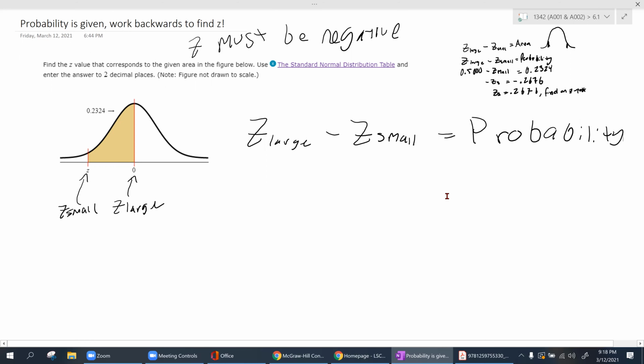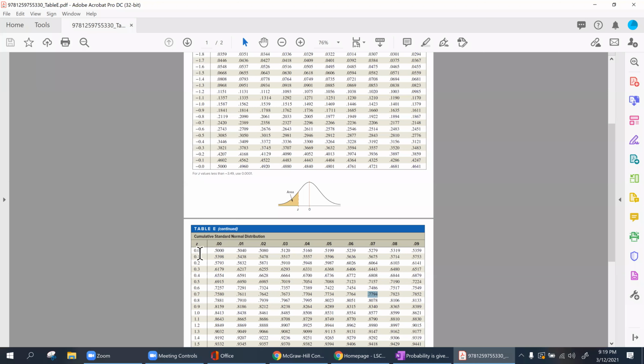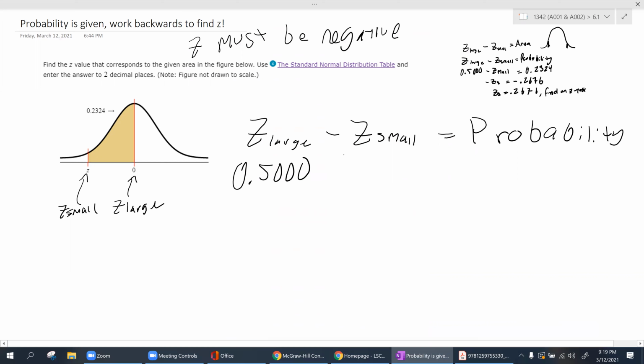We know that is 0.5000, and we can go back here and look it up, right there: 0.5000 whenever z equals 0. I don't know z small, and that's all right, because I know the probability that was given, the entire probability under that curve, is 0.2324.